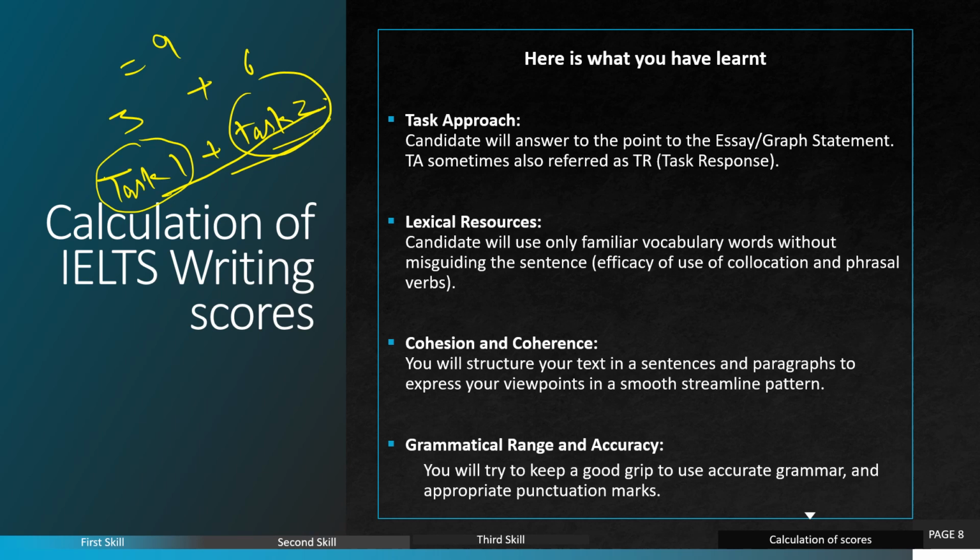So when they are going to check, suppose a person is getting 2 bands out of 3 in task 1, and at the same time the person is getting 4 bands in task 2 out of 6. Now we are going to add these two and make it half.